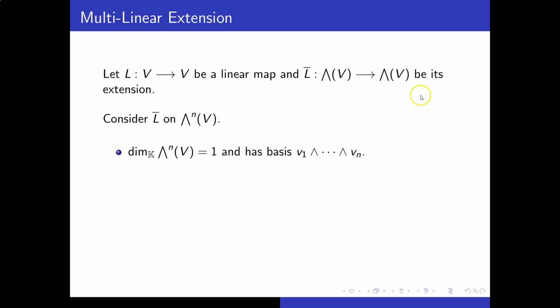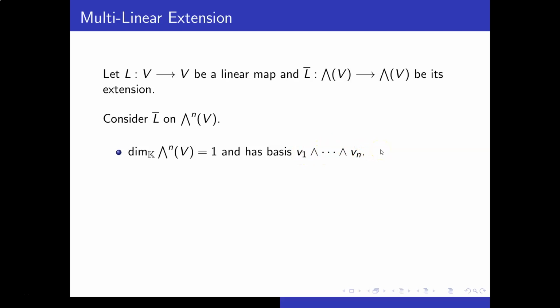First off, why do we care about the n-fold exterior power? It is spanned by all n-fold wedges with increasing index and distinct elements. Well, there is only one of those. If I have to have n objects from the basis that have to be distinct, I have to use the entire basis, and I'm going to put them in some canonical order, starting with my first, followed by my second, up through my nth.